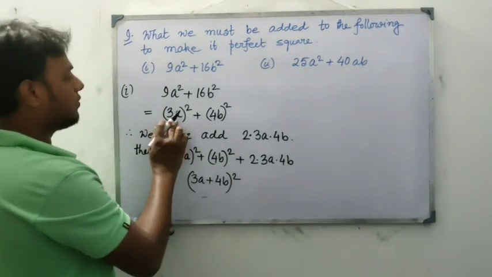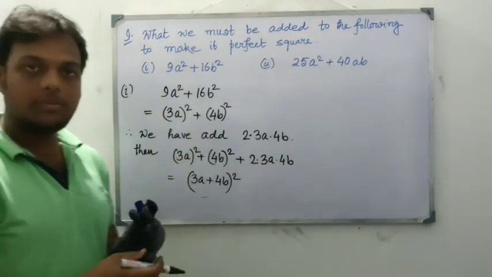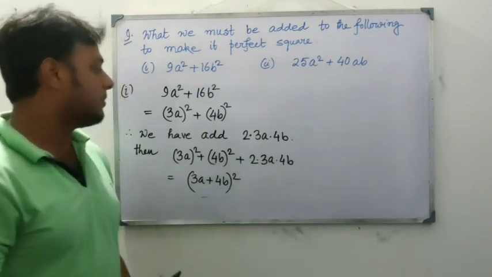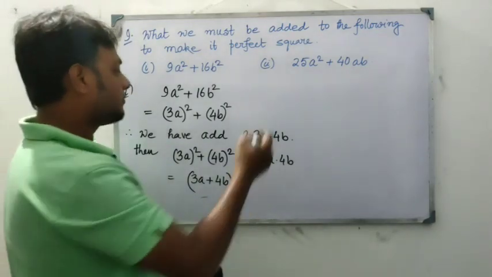See, only a square plus b square was there, so we need here 2ab, that's why we have to add 2ab. This completes the first solution.